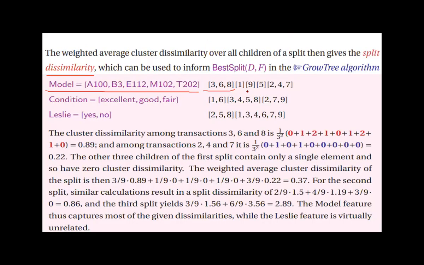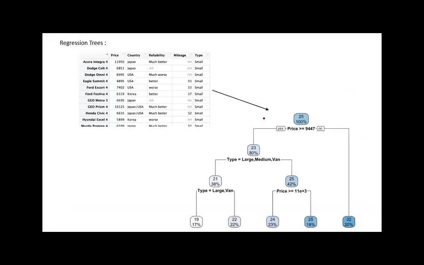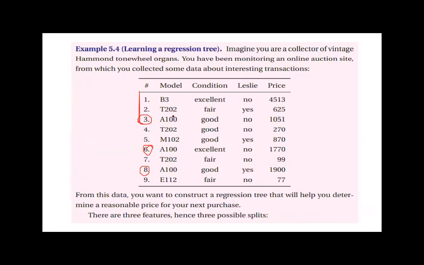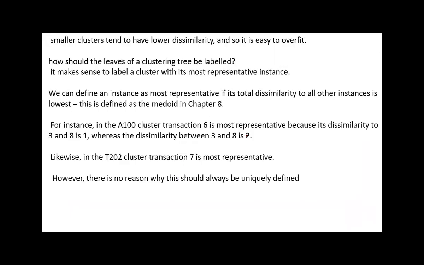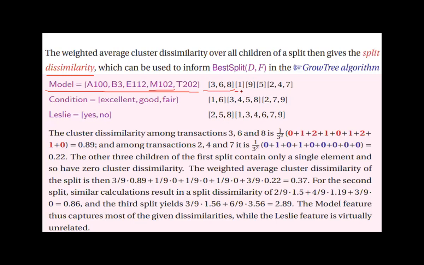B3 is 1, E12 is 9, M102 is 5, and T202 is 2, T2024, and T2027. So we have taken the positions here. Now 247, 195, something like this.